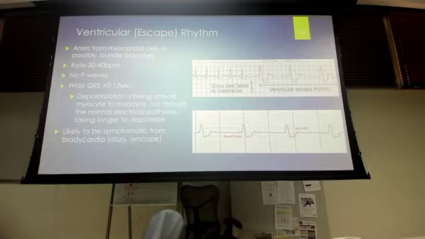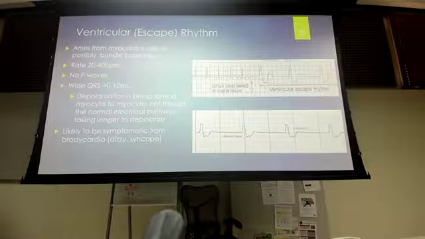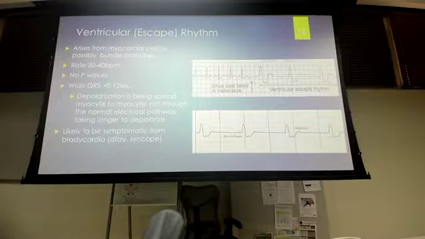Wherever that P wave is at is where it's at, but I can tell by how wide this QRS complex is that the depolarization is coming from the ventricles. This bottom one, we have that same thing. We have depolarization, wide QRS complex, wide QRS, and wide QRS. We know that that is coming from the ventricles, from myocyte to myocyte.